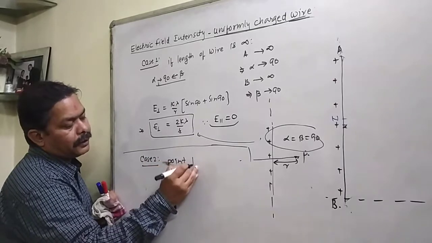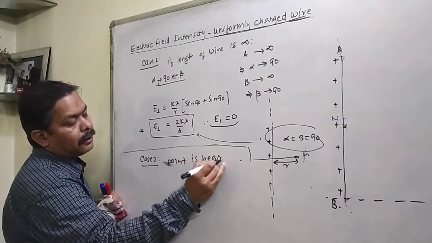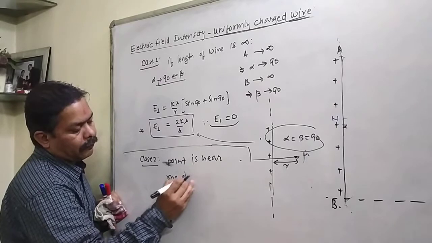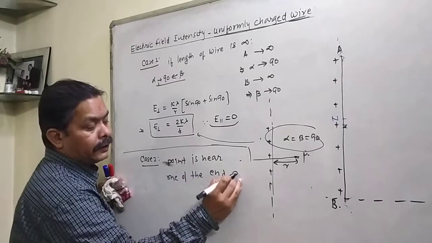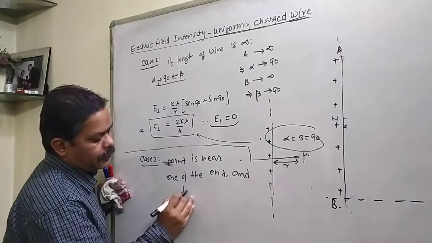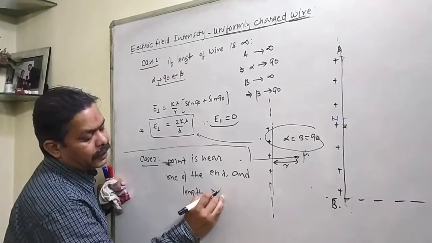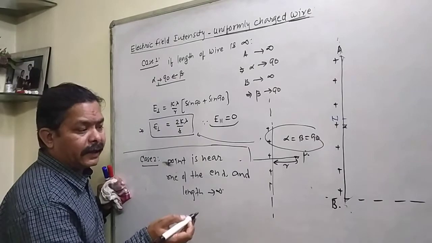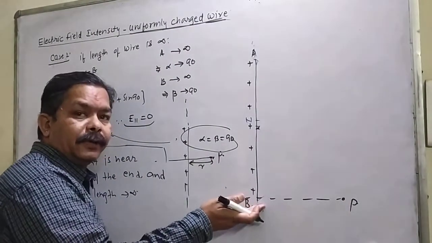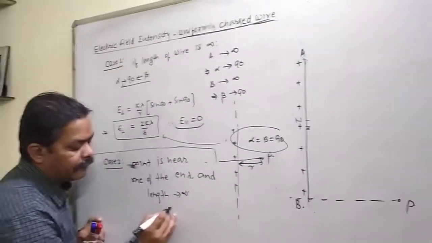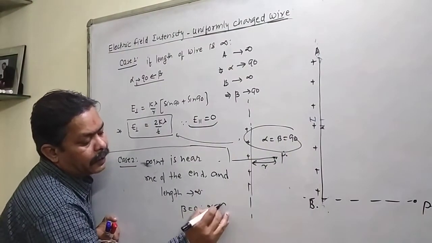Point P is near one of the ends. It means if you drop the perpendicular from P to the wire, it will fall either on point B or on point A. So case 2: point P is near one of the ends and the length is infinite. If the length goes to infinity, then for the point P near the end B, your beta angle will be 0 and alpha will be 90 degrees.